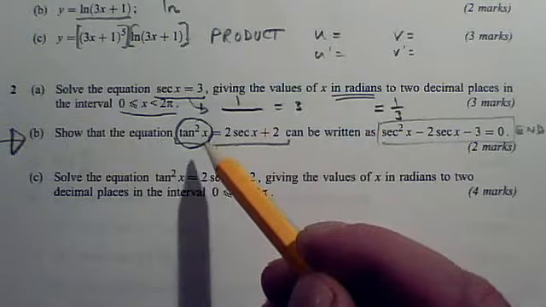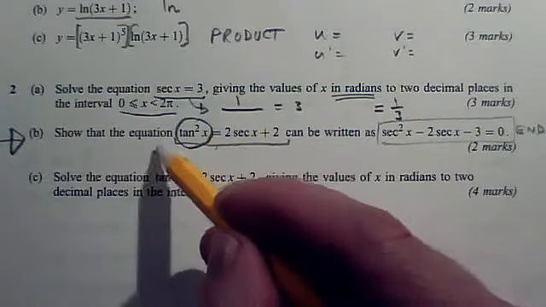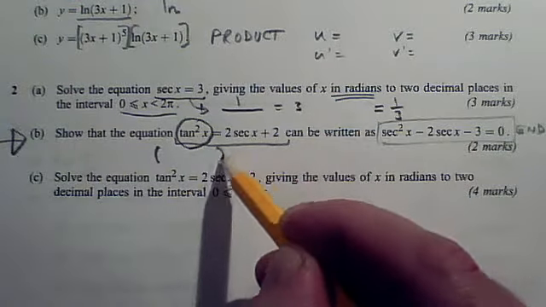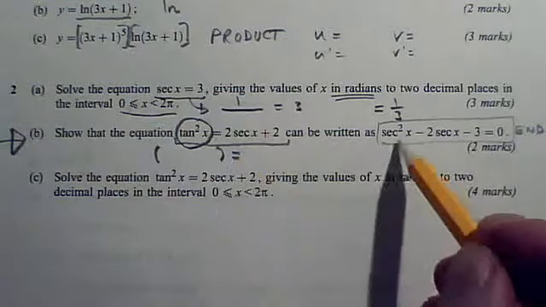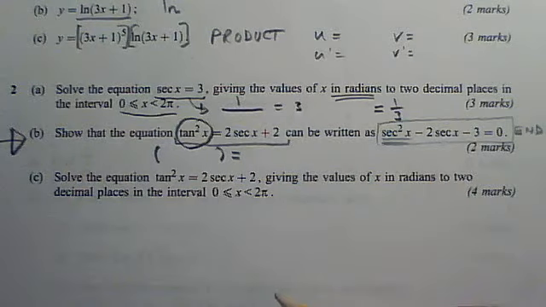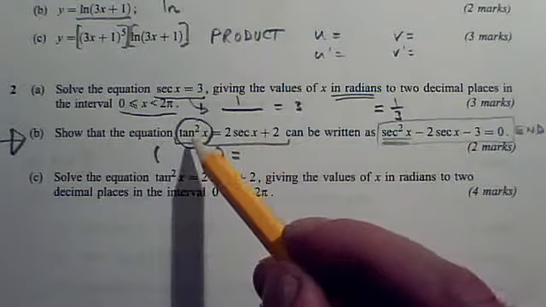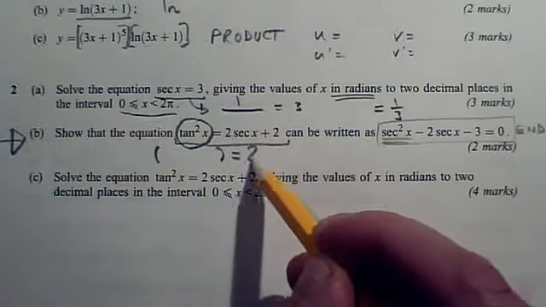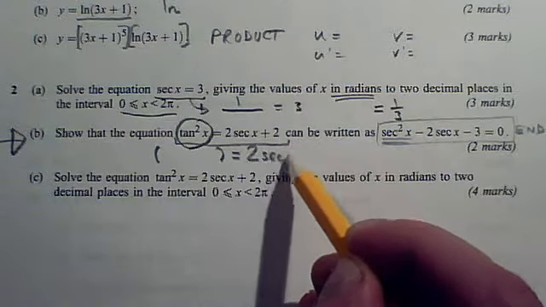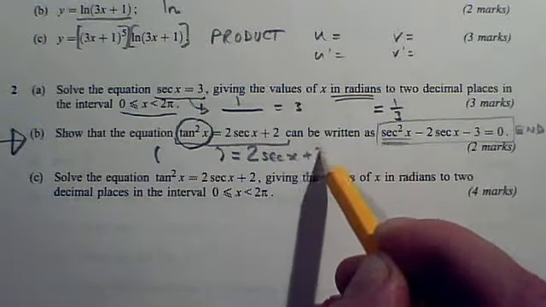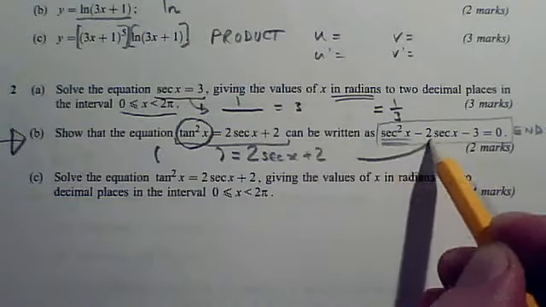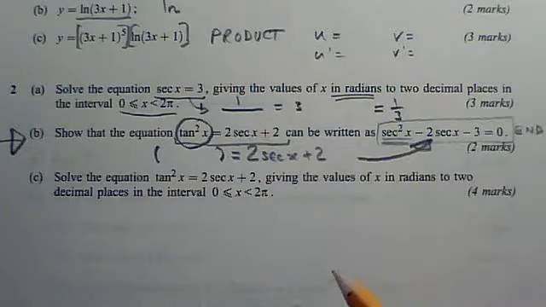You need to find the one with tan squared x in it, and tan squared x is going to be replaced by a bracket with something in it, and you can see that sec squared x appears in the answer. So express tan squared x in terms of sec squared x, set that equal to 2 sec x plus 2, and convincingly rearrange that into this form to get these 2 marks.